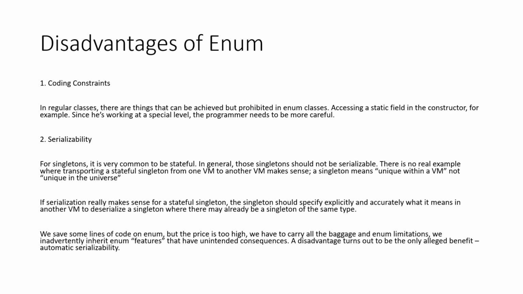There is no real example where transporting a stateful singleton from one VM to another VM makes sense. A singleton means unique within a VM, not unique in the universe. If serialization really makes sense for a stateful singleton, the singleton should specify explicitly and accurately what it means in another VM to reserialize a singleton where there may already be a singleton of the same type.